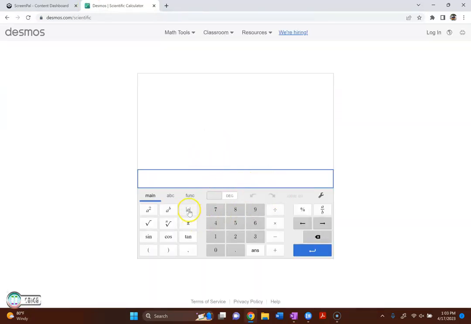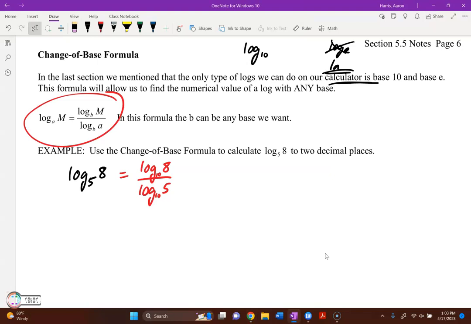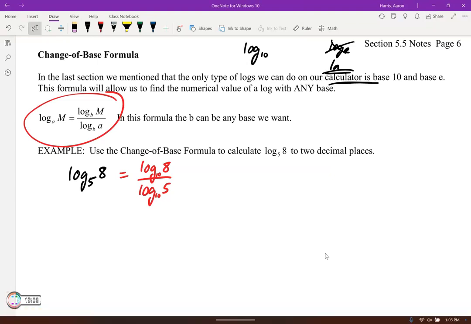Look how we get 1.292. So approximately 1.29 if we round it to 2 decimal places.